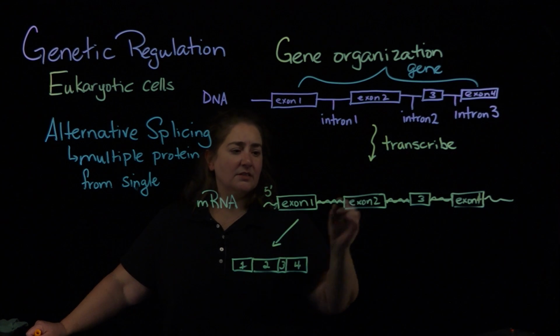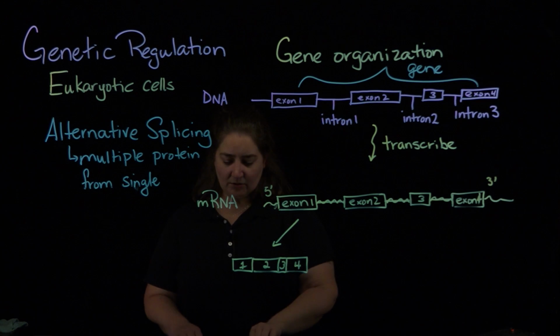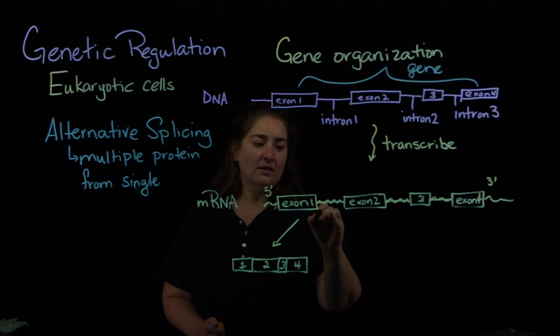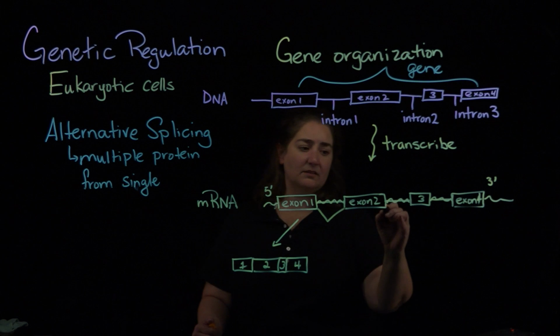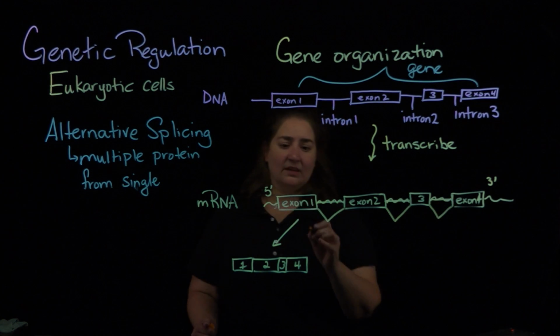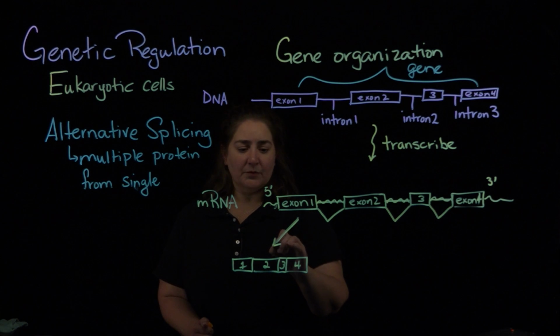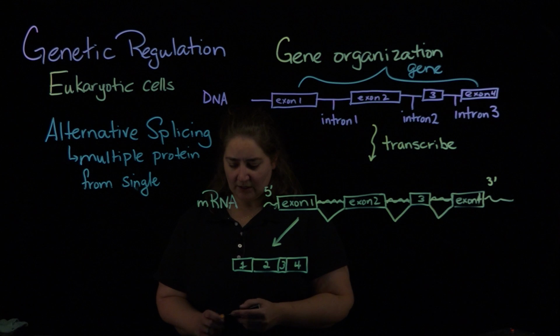So the way that process of splicing is going to happen is you're going to have the 3' end of one exon spliced to the 5' end of the next exon, okay? So if we go like this, what we're going to get out of it is a protein that has exons 1, 2, 3, and 4, all right?